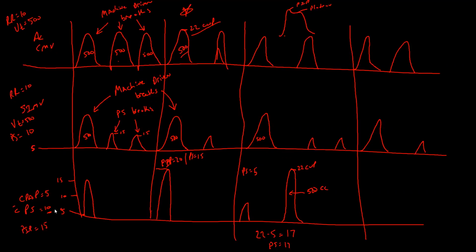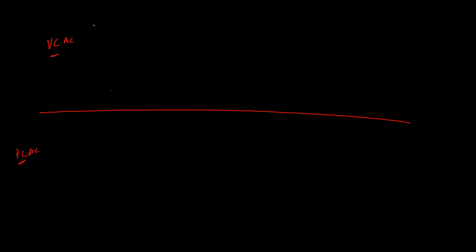So I can tell that it'd probably be good for me to talk about pressure control just for a little bit because of the concepts that we're talking about here. So we have volume control, assist control, and pressure control, assist control. Pressure control down here, volume control up here.